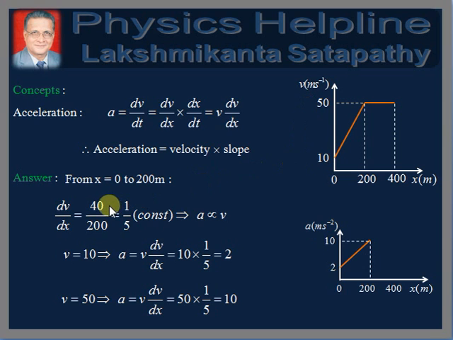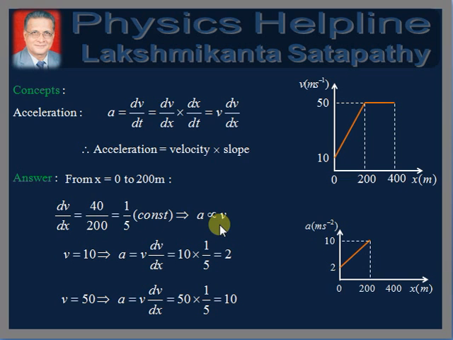Therefore, dv is equal to 50 minus 10 is equal to 40. And x changes from 0 to 200 meters. Therefore, dx will be equal to 200 minus 0, which is equal to 200. Therefore, dv by dx is equal to 40 by 200, which is equal to 1 by 5, which is a constant, which gives us that acceleration is directly proportional to velocity.